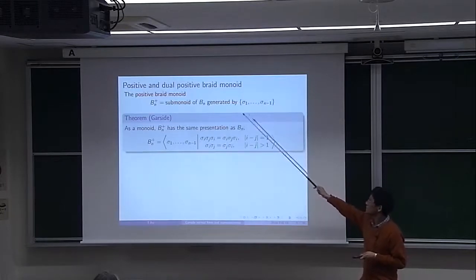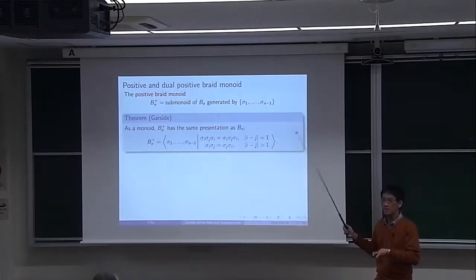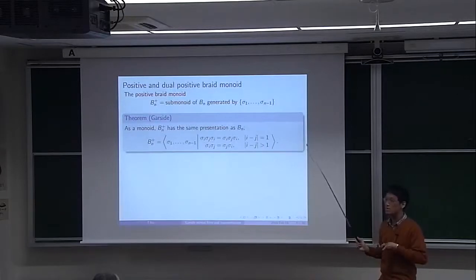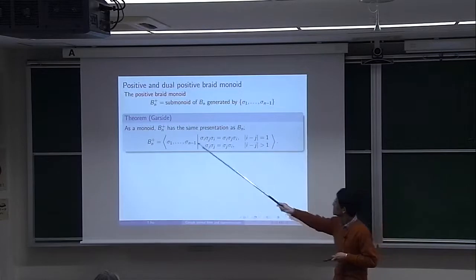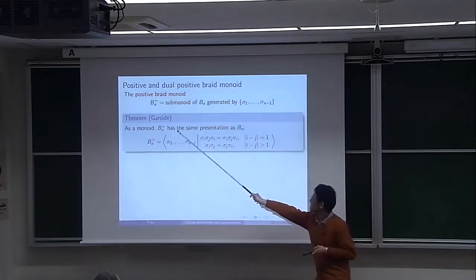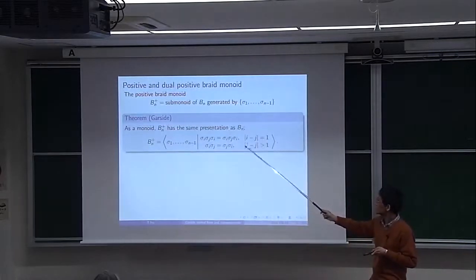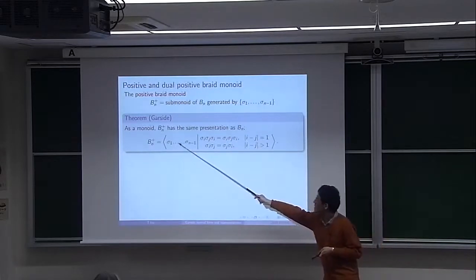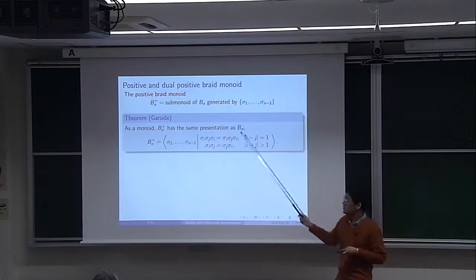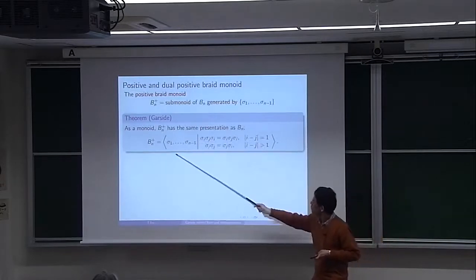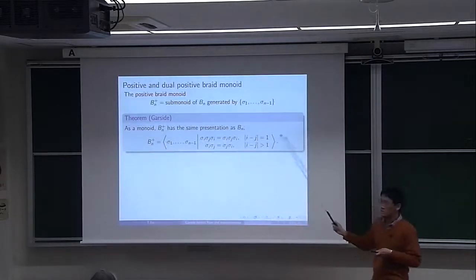So we are able to use sigma 1, sigma 2, but we do not allow sigma 1 inverse or sigma 2 inverse. A non-trivial fact is that the positive braid monoid has the same presentation as the braid group. So as a monoid, it has exactly the same presentation, and we may abstractly view the positive braid monoid as a monoid defined by the same presentation as the braid group.